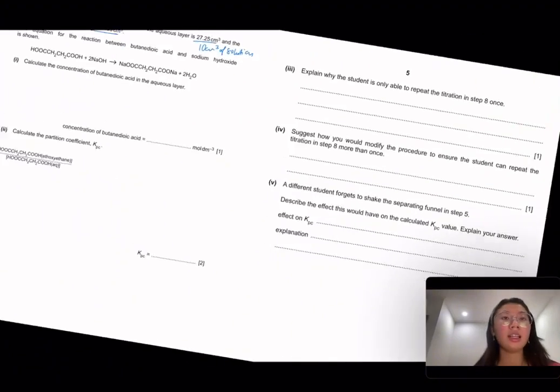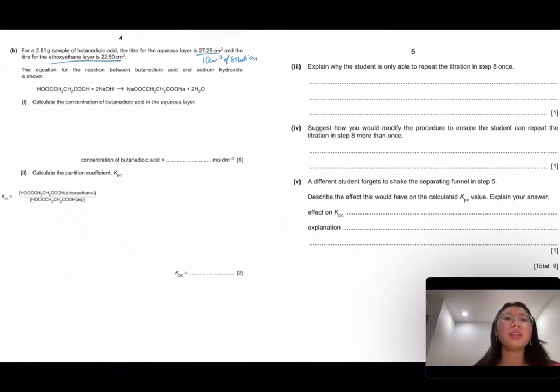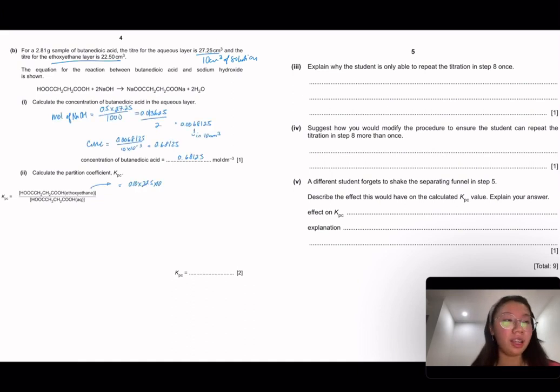Alright, next question. For a 2.81 gram sample of butanoic acid, the titer for the aqueous layer is 27.25 centimeter cube, and the titer for the ethoxyethane layer is 22.5 centimeter cube. The equation for the reaction between butanoic acid and sodium hydroxide is shown. So we can see the ratio is 2:1, and again we were given the concentration of NaOH in the earlier page.